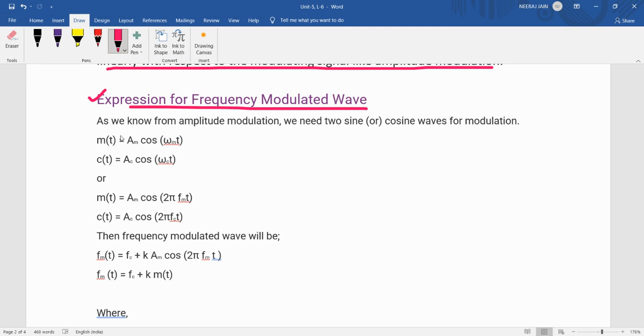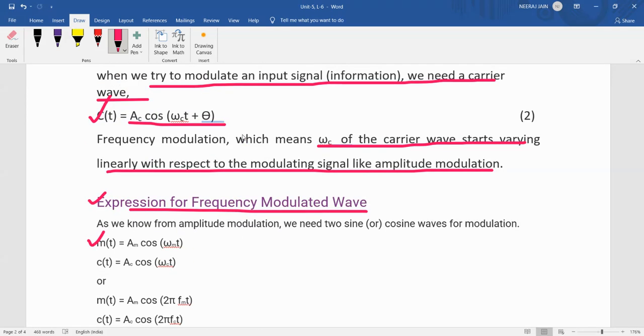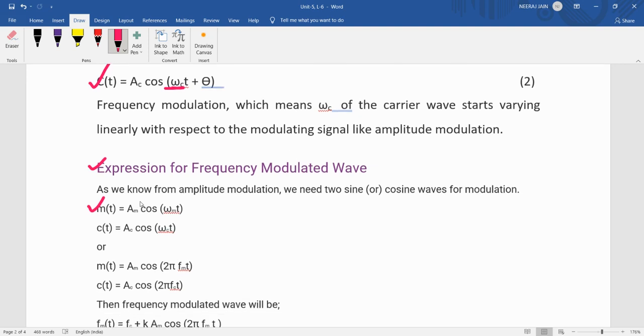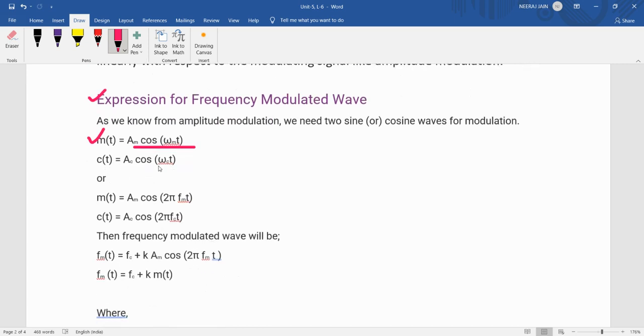For the message signal, because here we are not changing the phase, we are not talking about the phase, we are talking only about the frequency. यहाँ पर केवल हम ओमेगा सी फ्रीक्वेंसी सिग्नल की बात कर रहे हैं. तो m(t) is equal to Am cos(omega m t), that is the original signal. c(t) is equal to Ac cos(omega c t), that is the carrier signal.